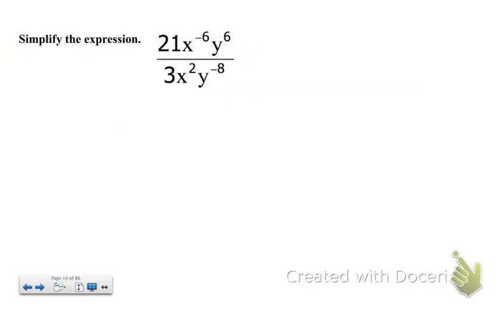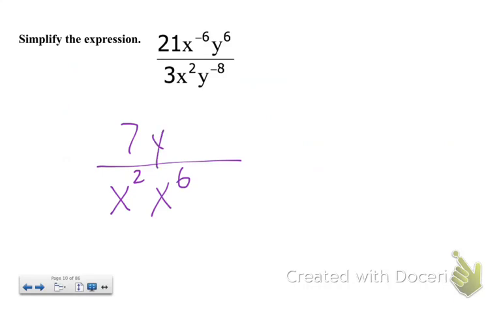Okay, simplify the expression. Remember, when you have this, you're treating integers just like you always do. So we divide 21 divided by 3 is 7. And then anytime you have a negative exponent, move it to the opposite place to make it positive. So that x to the 6 is actually going to go to the denominator. Already had an x squared there, now we have an x to the 6 to make it positive.